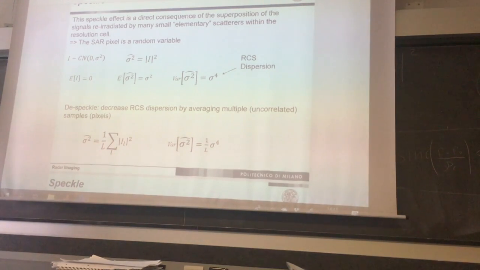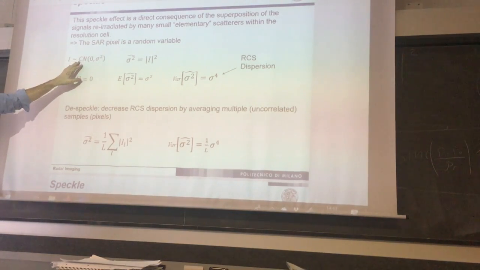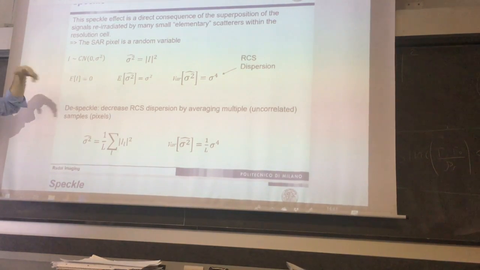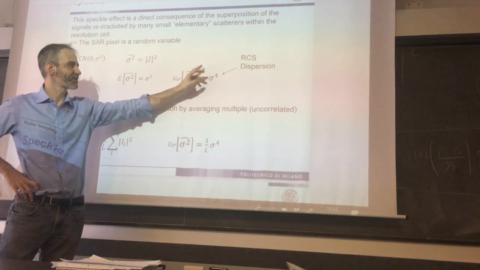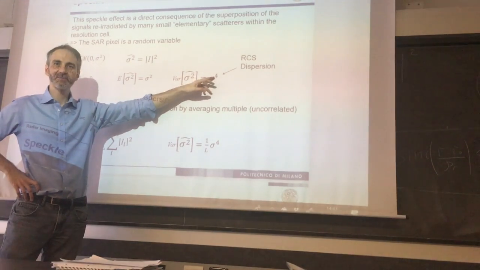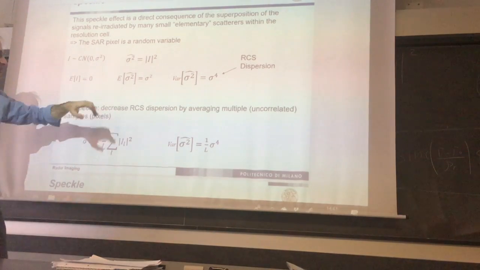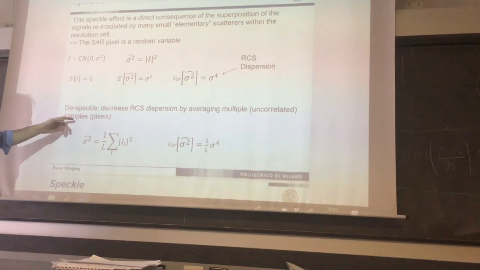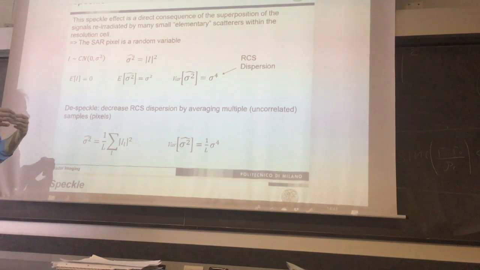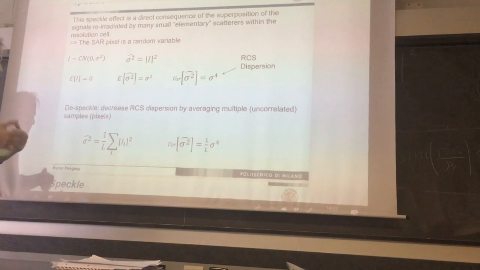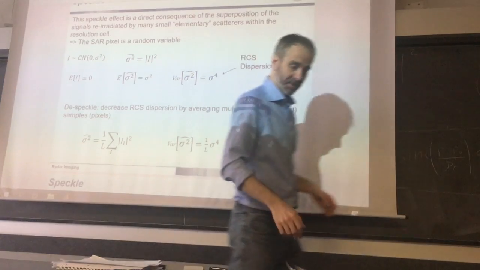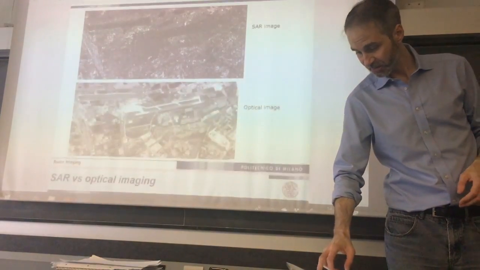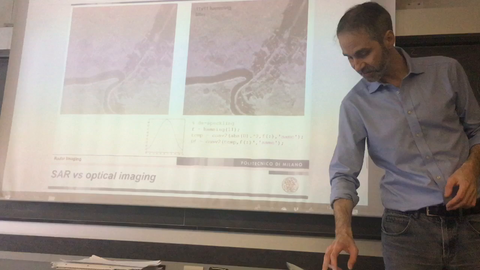If you remember, the variance of the squared absolute value of a complex Gaussian variable is the squared variance. So this is information that you can use to see to what extent you are reducing this speckle by local averaging. And this is exactly what we have just done.